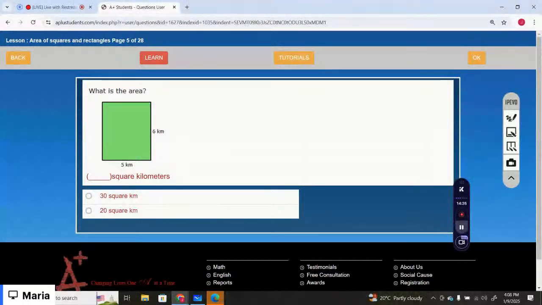The correct option is, very good, option number 1, 30 square kilometer. You can write the answer once.